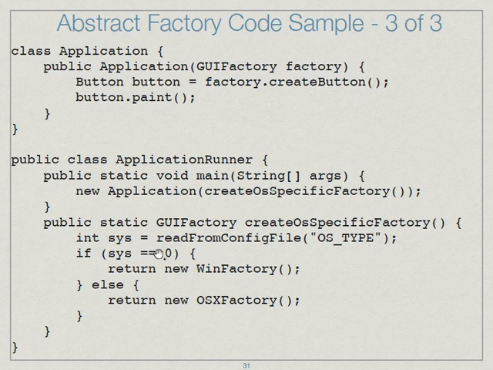Assuming OS type 0 means Windows, non-zero means OS X. If later on we want to expand it to deal with the Android family, then we would say if sys equals 0, then return new Windows factory. If equals 1, OS X factory. Equals 2, Android factory. So you can change very little code.